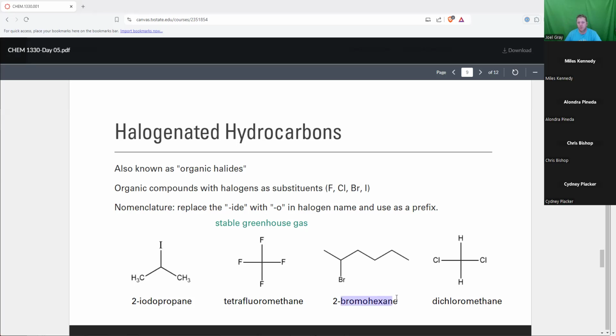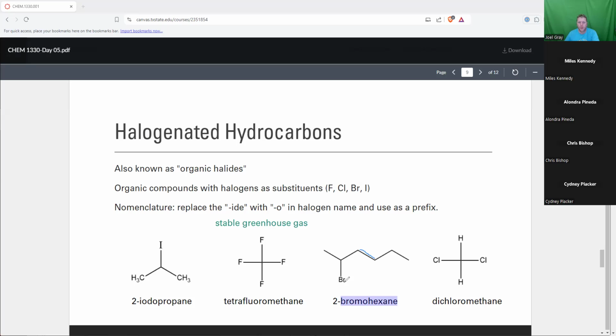With the case of like 2-bromohexane, what I always like to do, and what I think is a really good thing to do, is to take this 2-bromohexane and do this. Okay, how does that change our molecule? Well, it's still a hexane, but it's actually a hexene.